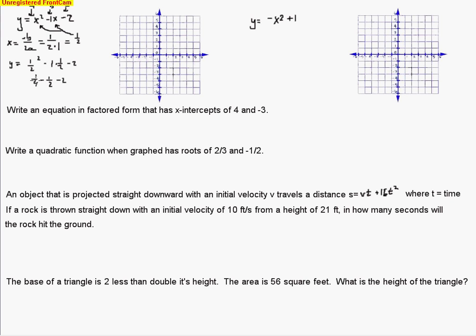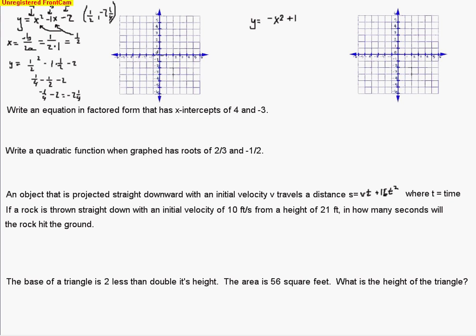Well, if you take 1/4 from 1/2, you end up at negative 1/4, and then minus 2 makes negative 2 and 1/4. So our vertex is 1/2 comma negative 2 1/4.